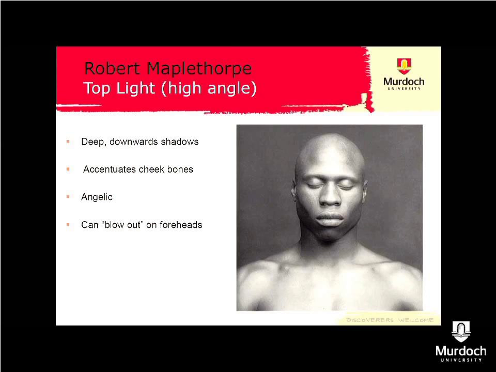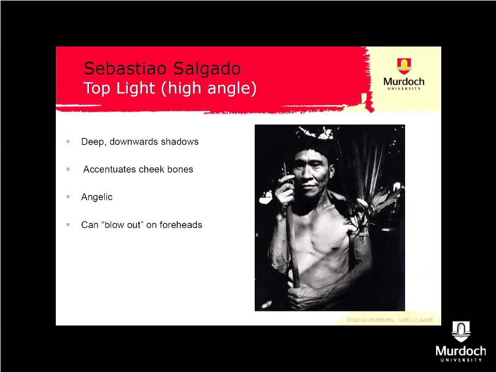The sun at noon, particularly near the equator, develops extremely dark shadows, black shadows, what's known as hard light, very high contrast light. So deep downward shadows, again accentuating cheekbones, and coming directly from above and having lots of shadows here and here. That's very typical of a noonday sun.